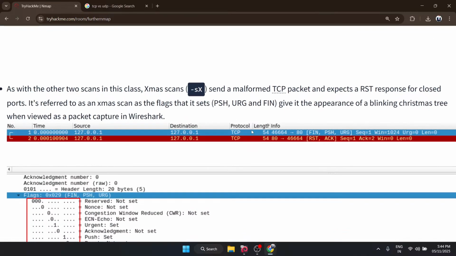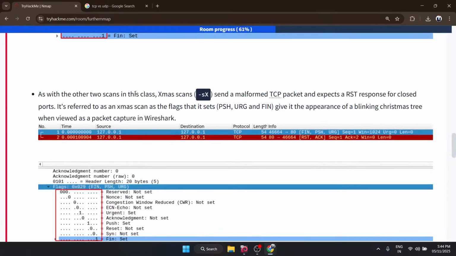Next, sX is for Xmas. It is a malformed TCP packet. As with the other two, it's a malformed TCP packet. How is it malformed? It might be larger or smaller in size than the normal packet, and it expects a reset response for closed ports again.